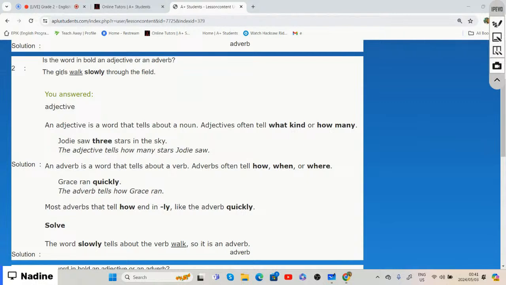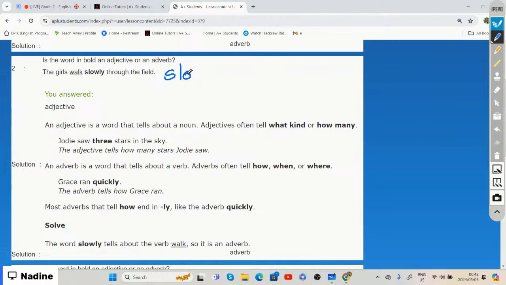If we ask ourselves, how did the girls walk? You need to ask yourself, how did the girls walk? And then we can say slowly, right? So slowly becomes our adverb, right? Because it tells us about the verb, right? Yes, beautiful. Slowly is correct.